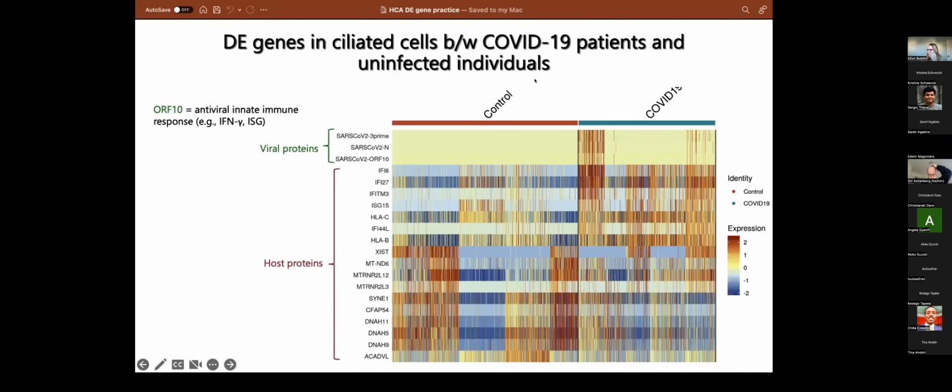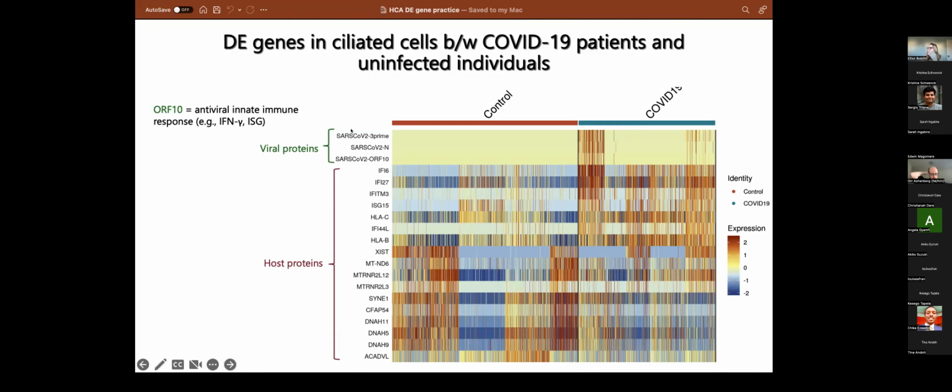Again, this is the COVID-19 negative individual, and then this is the COVID-19 infected individual. Interestingly, this is for ciliated cells and the genes expressed in ciliated cells. There are also some viral proteins included in the analysis.